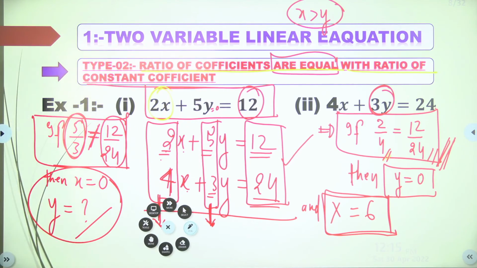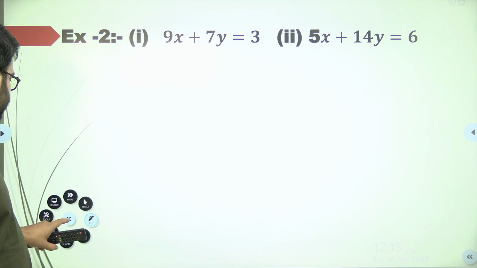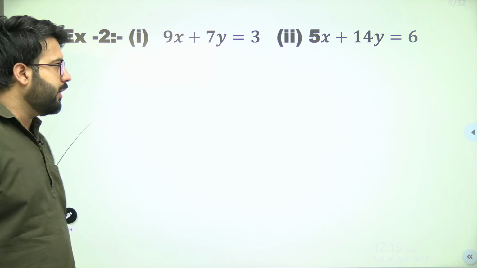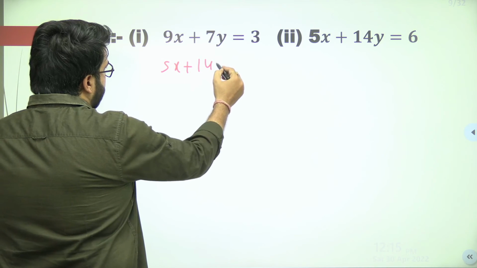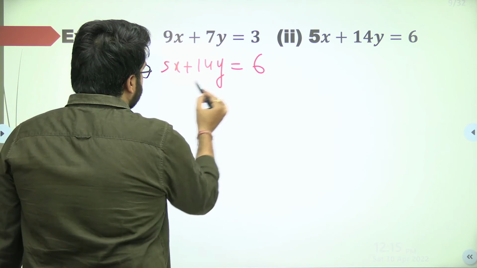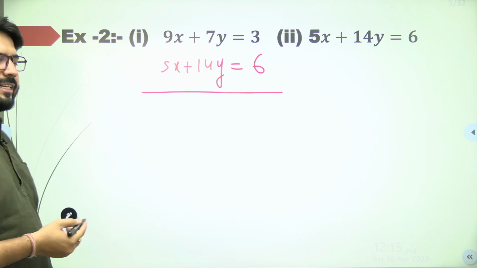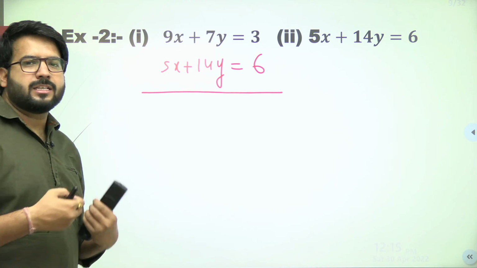So here is one more equation, and you have to focus on this. The first equation is 9x plus 7y is equal to 3, and the second equation is 5x plus 14y is equal to 6. Now you have to look whether the coefficient of x or the coefficient of y is equal to the constant coefficient.